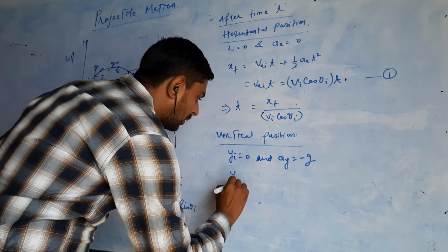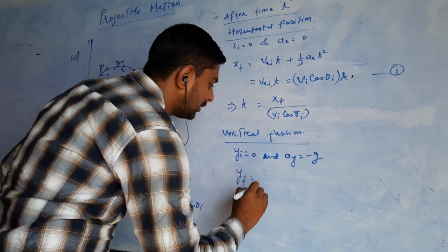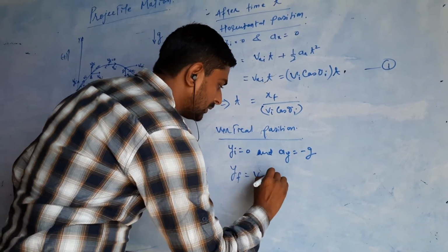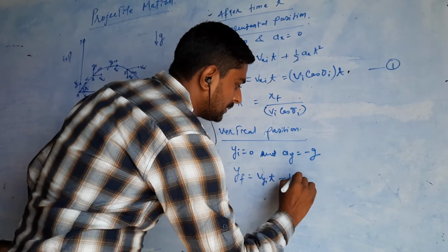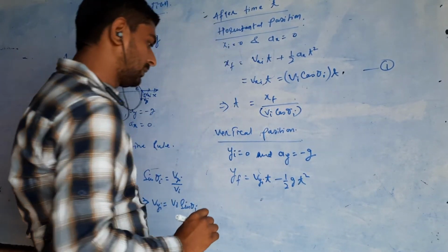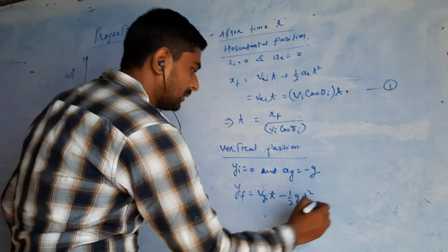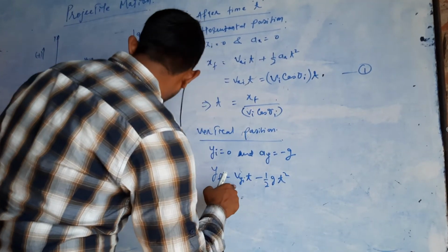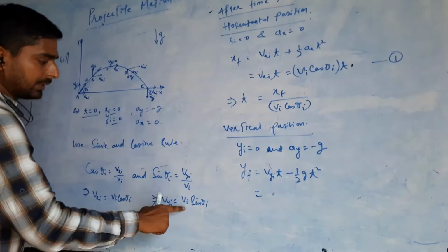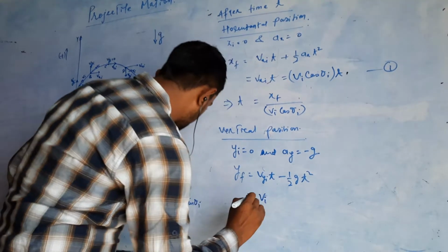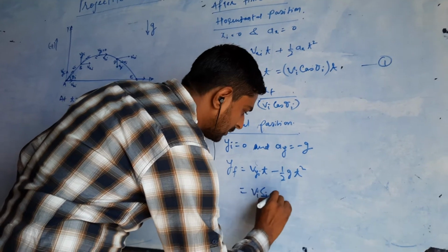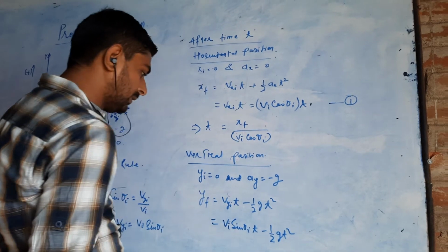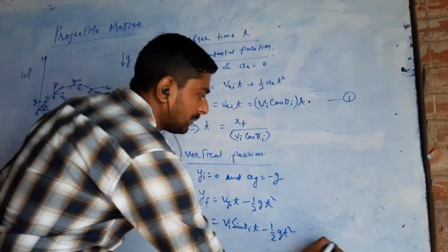So y final is vyi into t minus half g t square. Putting in the value of vyi, that is vi sine theta i into t minus half g t square. This is our equation number 2.